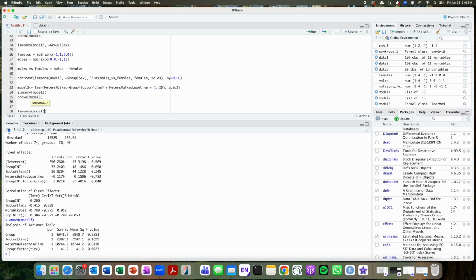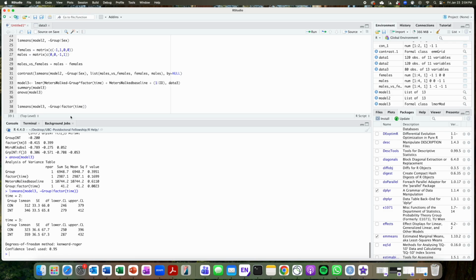Again, we're looking at model 3, and then we're going to go group by the factor of time. And now we have the same thing that we had before. So we have time at 2, intervention versus control, and then time at 3, intervention versus control.